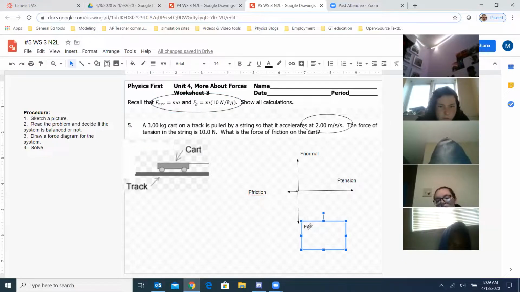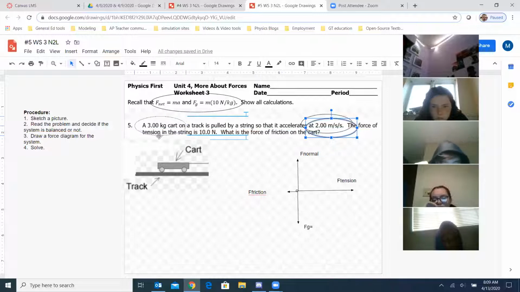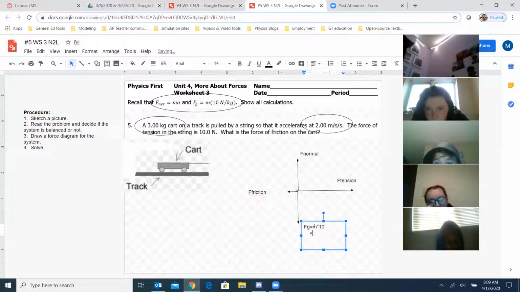Okay, so I think I'm going to start with the force of gravity because it tells me what the mass is. The mass is 3. So it's going to be 3 times 10. Maybe I should write it out here. It's going to be mass times 10. And that's going to be equal to 3 times 10.